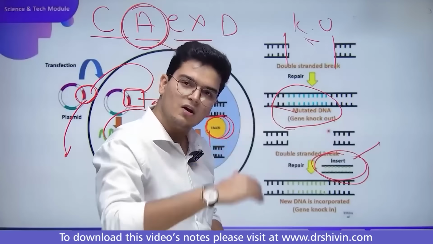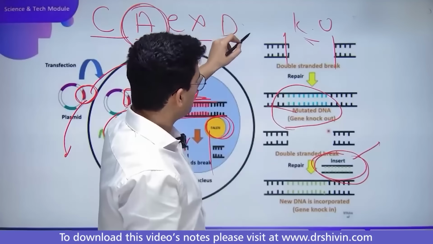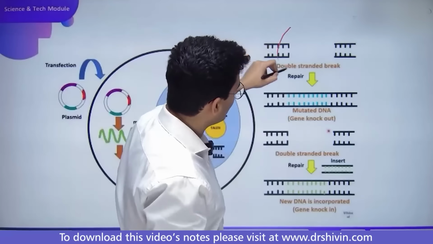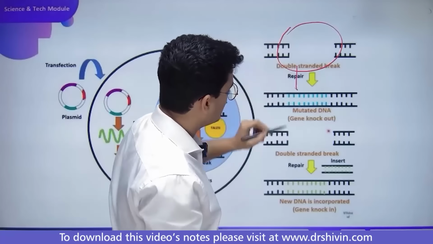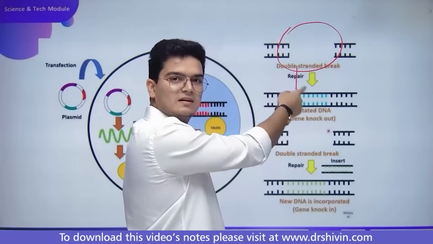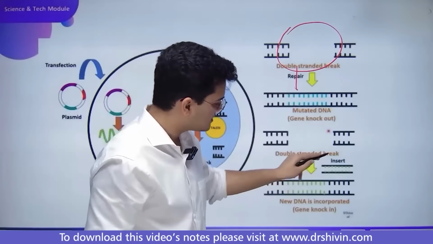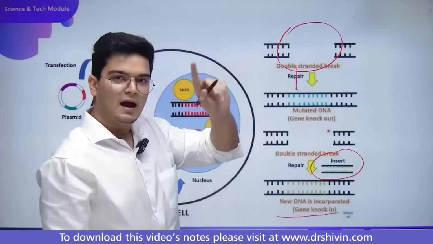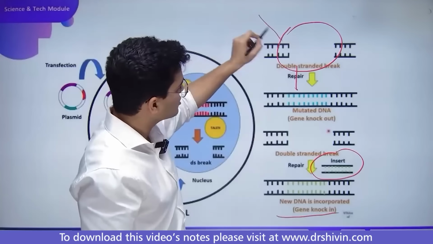I can insert a foreign gene. This will be called gene knock-in because I have inserted a foreign gene. So if I let the repair happen naturally, what is happening? The bad gene is knocked out because mutation happens in that place. Second thing is I insert a foreign gene. That will be called gene knock-in. The idea of putting a repair template is also here.